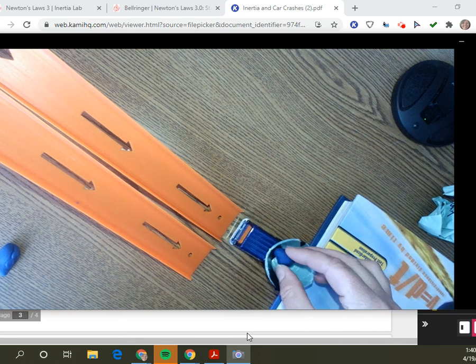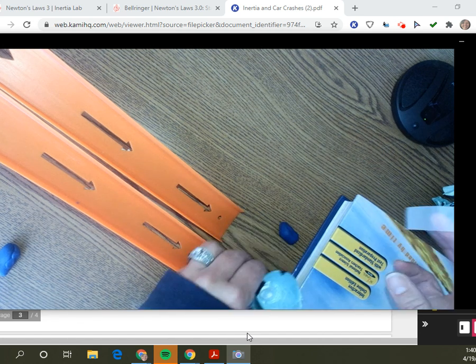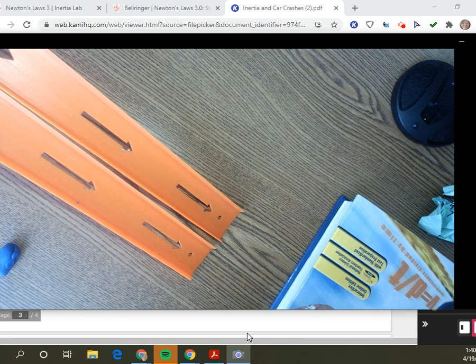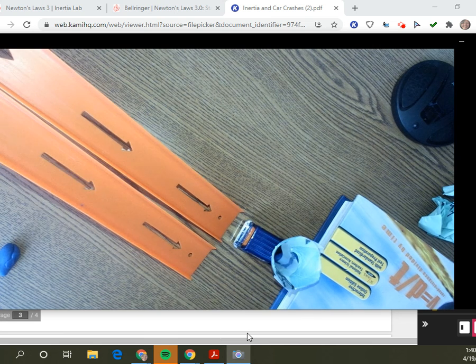So how do you think wearing a seatbelt is going to change things? We will use tape for our seatbelt, but how does wearing a seatbelt change what happens to you in a car crash? Well, hopefully with our little seatbelt on, the person stayed in the car.